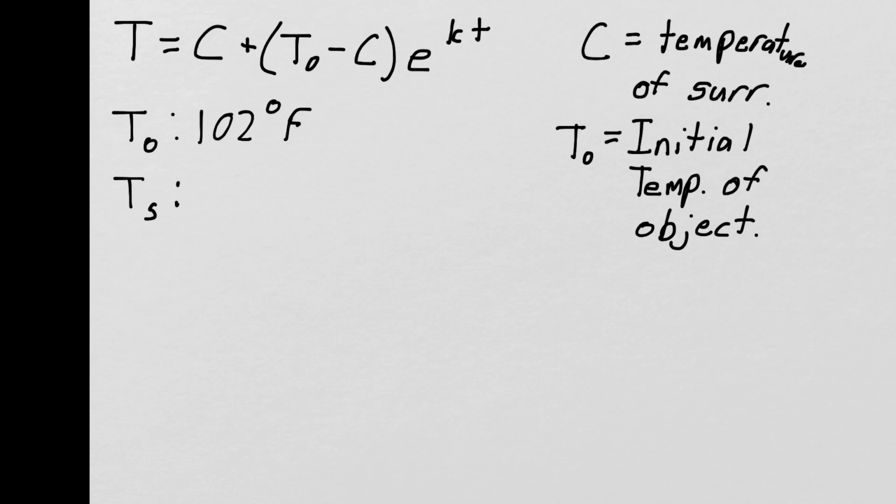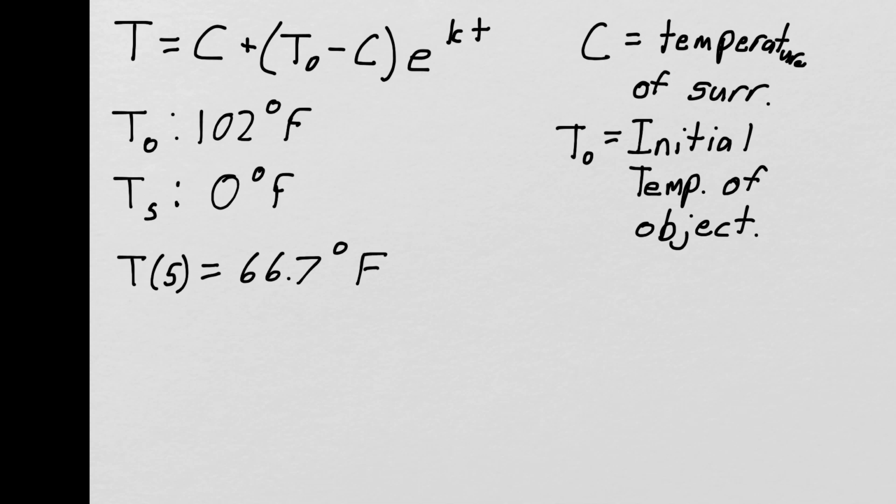So, temperature of the surroundings is going to be 0 Fahrenheit. Now, after 5 minutes, the temperature is going to be 66.7 degrees Fahrenheit. I am so used to, when I draw that circle up there, it being a percent sign rather than degrees.